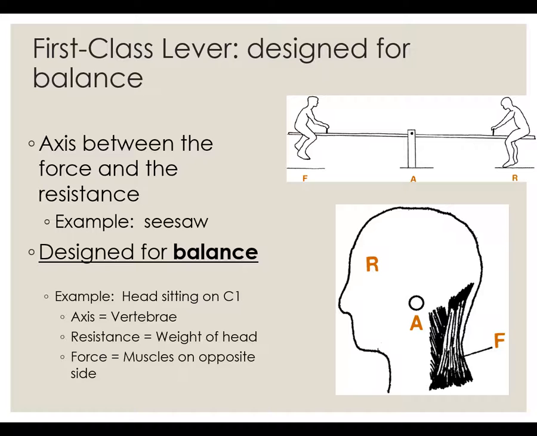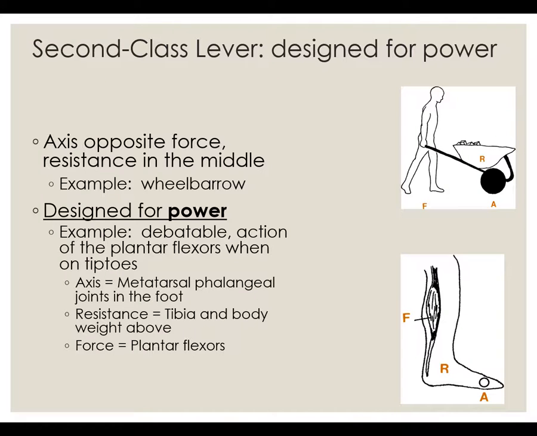Second class lever designed for power. The axis is opposite of the force and resistance is what's in the middle. So an example might be a wheelbarrow. Because this is designed for power, the action of the plantar flexors when you're on your tiptoes may be an example. It can be debatable, but in this case, the axis is the toes, the metatarsal phalangeal joints in the foot here.